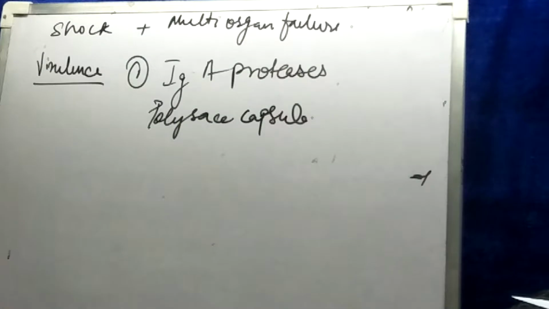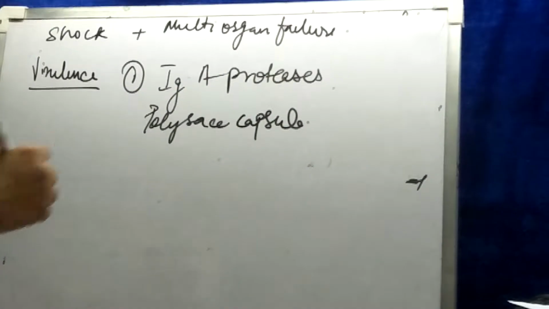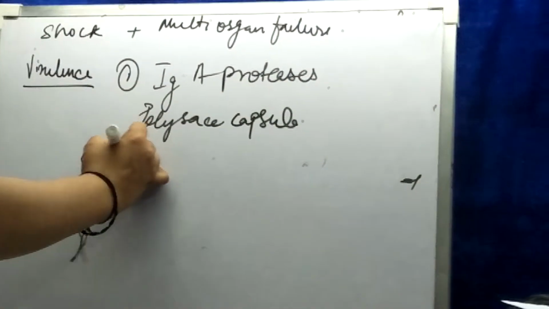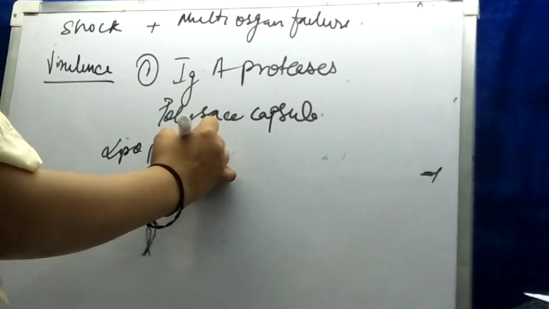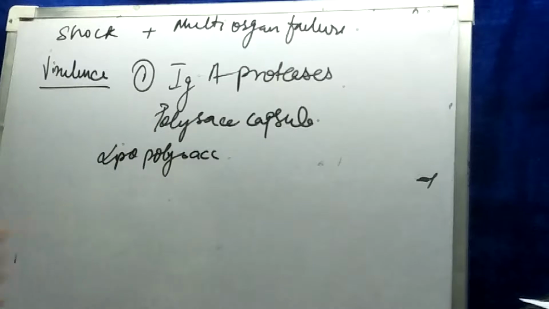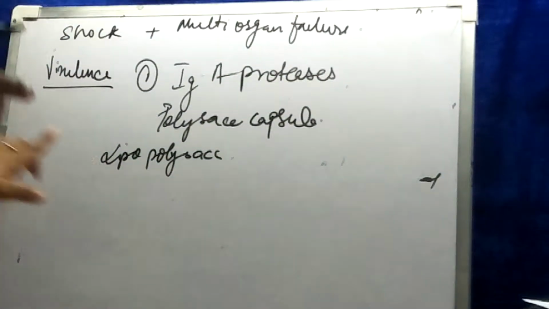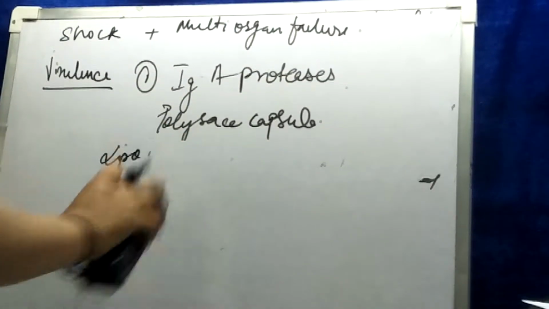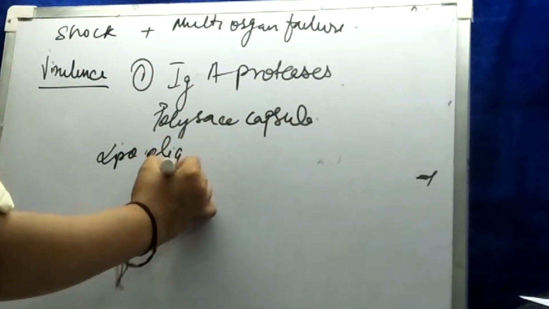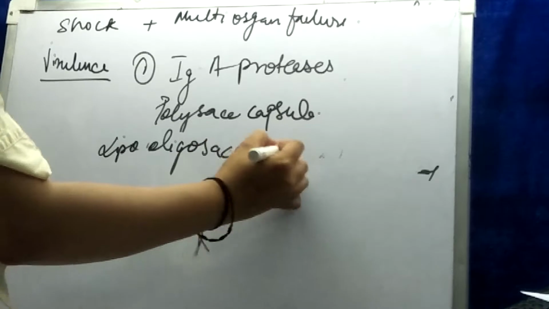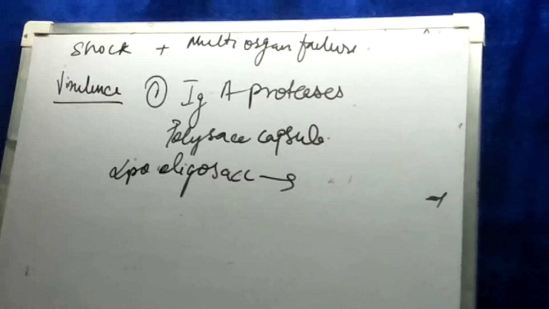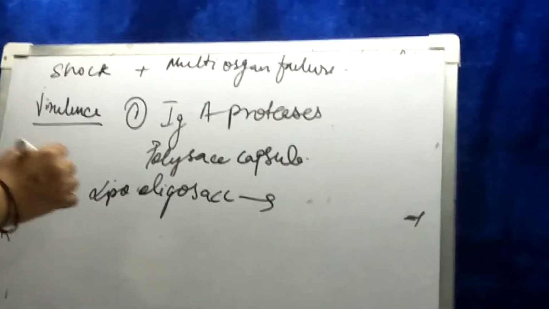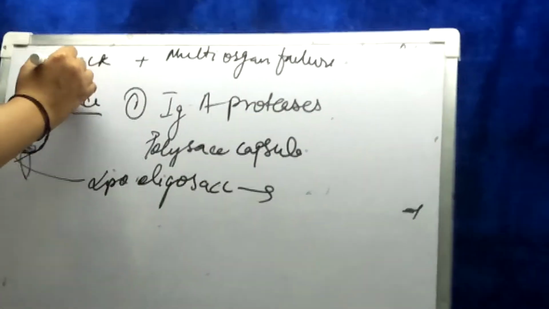It also does overstimulation of the immune system. It releases lipo-oligosaccharides, not polysaccharides, which act similar to lipopolysaccharides, and this causes fever and septic shock. This causes shock and fever.